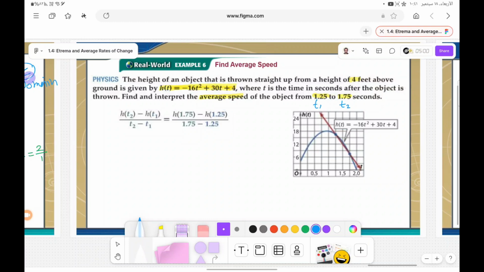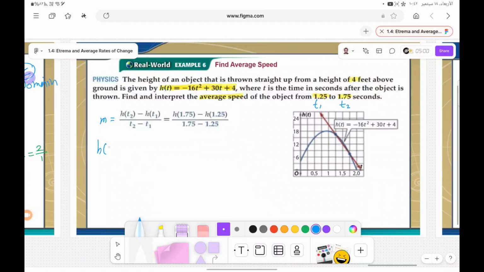Now what you have to do is just apply the formula to find the average rate of change: h of t2 minus h of t1, over t2 minus t1. Just replace them in the function.